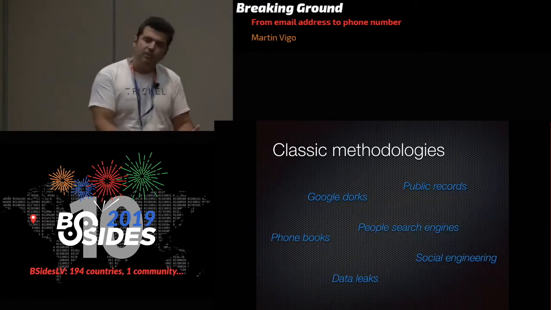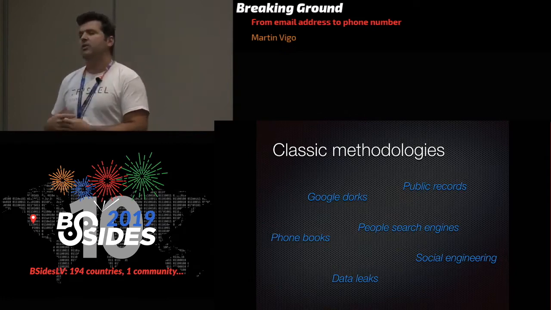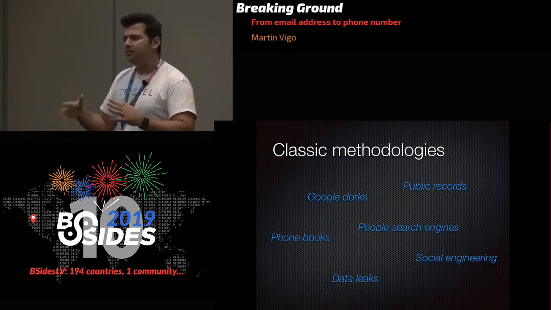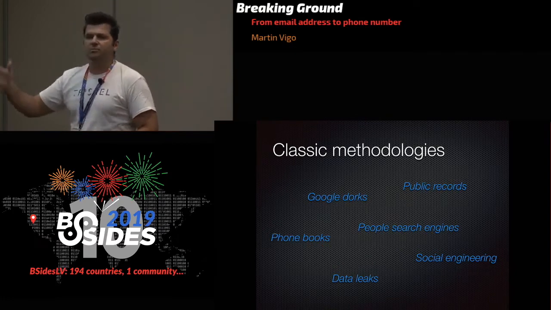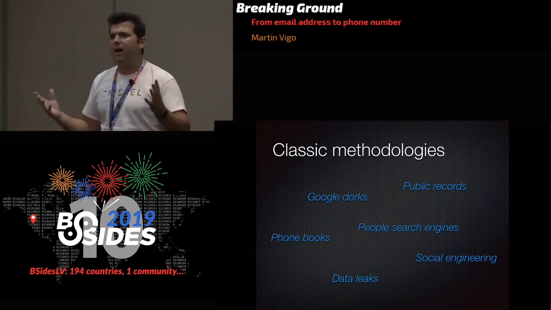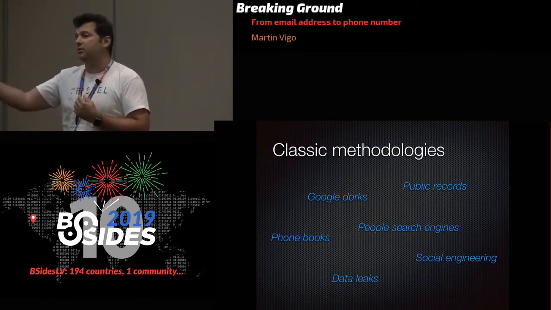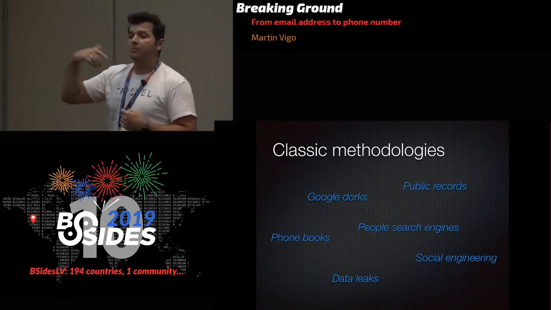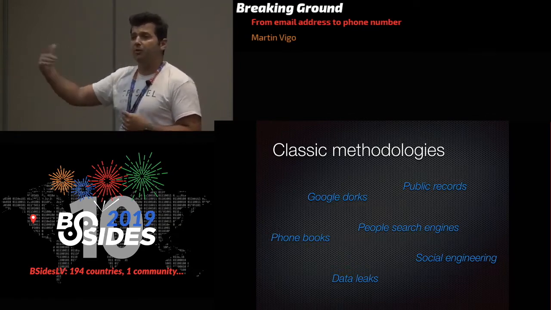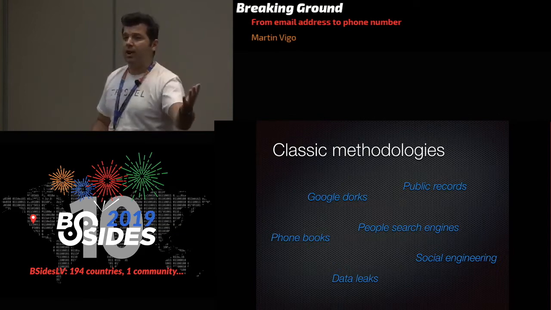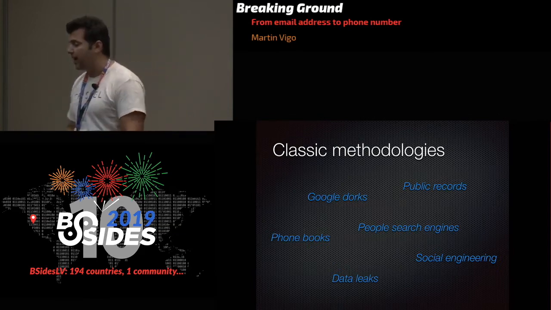So what are the classic methodologies that we know? You can go to public records if you are into OSINT, like court documents, things that are public that may have your personal information there. Google Docs, if you posted on a forum your phone number, maybe because you were searching for something or wanted to buy something and your account is tied to your email, you may be able to find it.